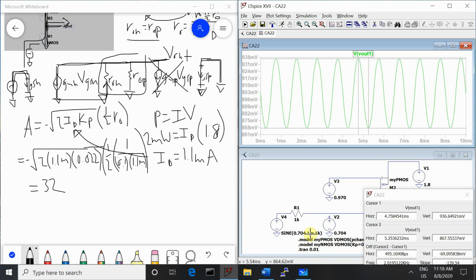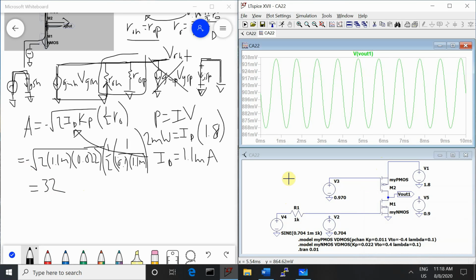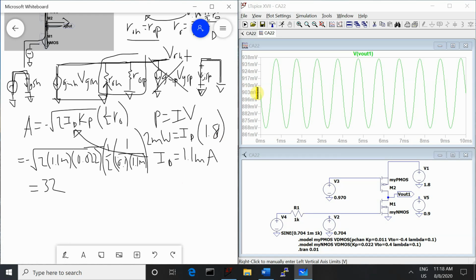We are inputting 1 millivolt and we're getting 69 millivolts, so that's a gain of almost 35. That's actually a little better than our calculated gain. We're also at a DC bias point of right about 900 millivolts, just as we were designing for. So we're good to go there.